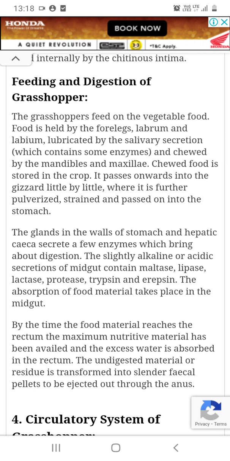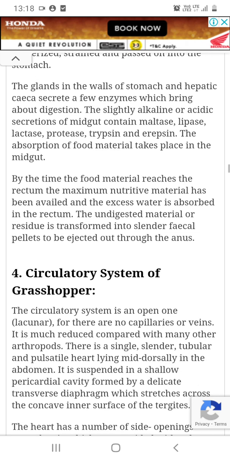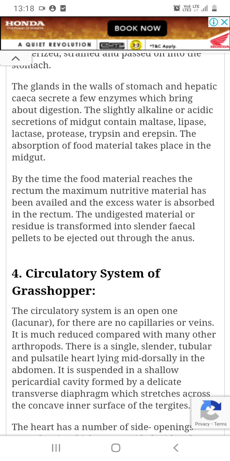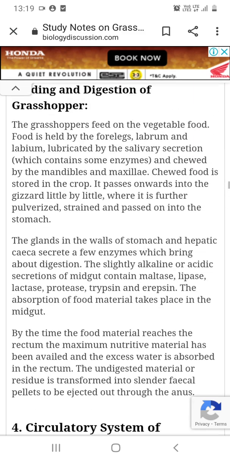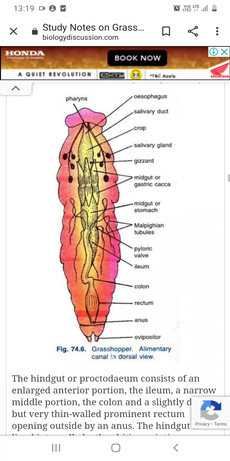The absorption of food material takes place in the midgut. By the time the food material reaches the rectum, maximum nutritive material has been absorbed by the intestine, and the excess water is absorbed in the rectum. The undigested material or residue is transformed into slender fecal pellets to be ejected out through the anus.